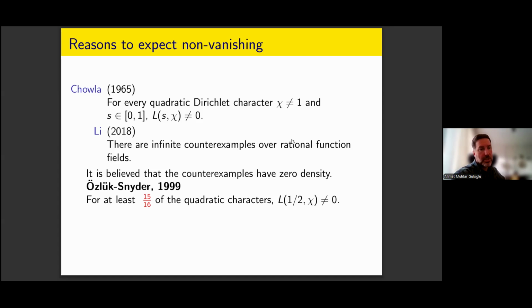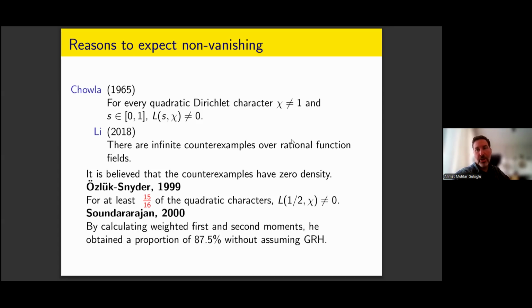So you can get this result only with GRH. On the other hand, one year later, Sound showed without assuming GRH that 87.5% of them are actually non-vanishing. So that's quite a big percentage.